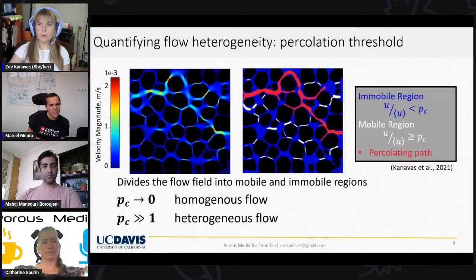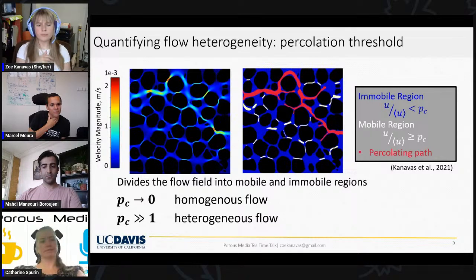The way that we go from the figure on the left to the right is we first normalize our flow field by the average velocity. So now we're working with a normalized flow field, and we start our process of finding this percolation threshold by setting it to the maximum normalized velocity that we observe in our system.